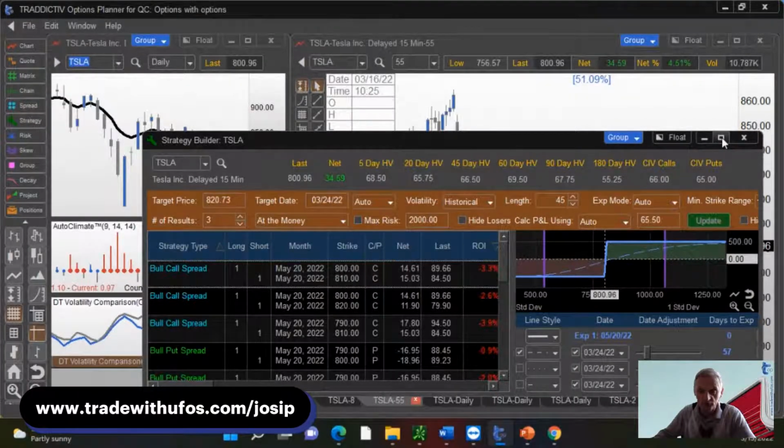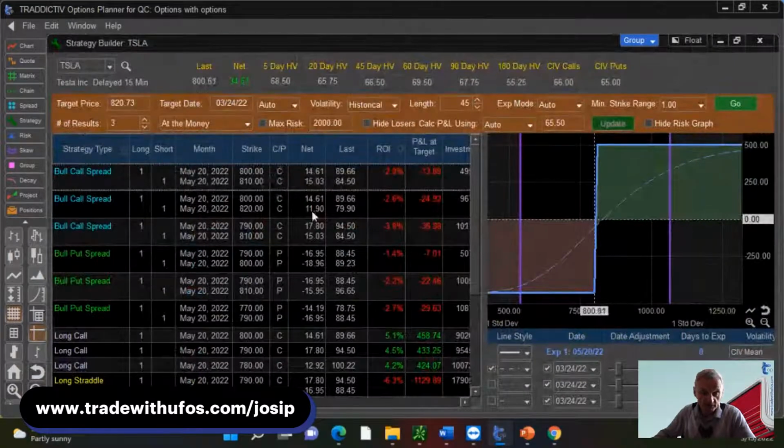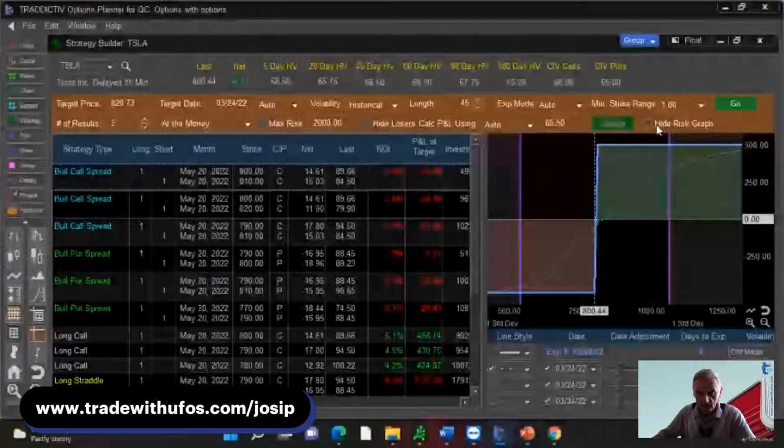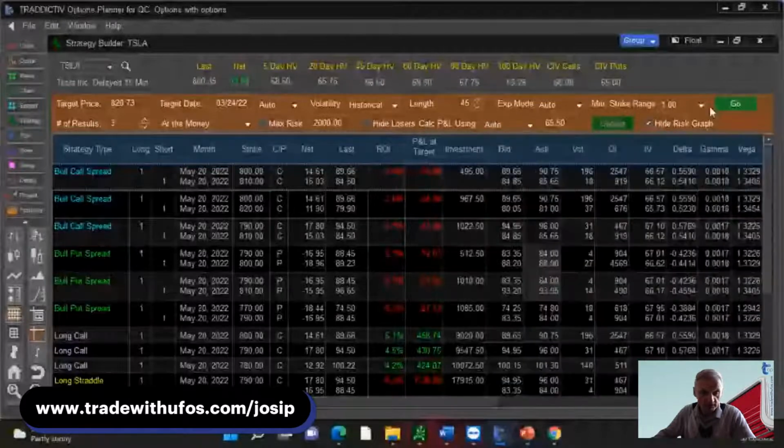But then what else can we do from this particular top to the active option planner that we did before? We can look at the what? Bull put spread. And which are the bull put spreads that they're giving me? 10 point wide, 20 point wide, and 20 point wide.